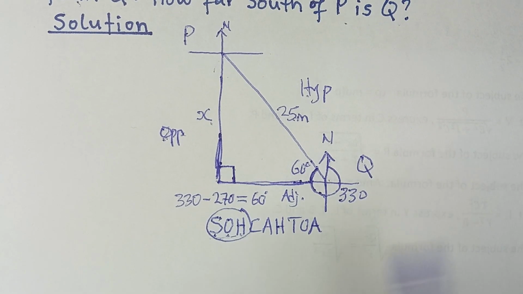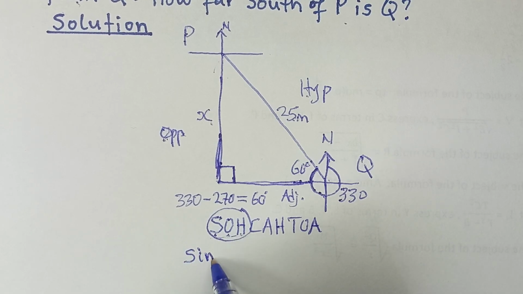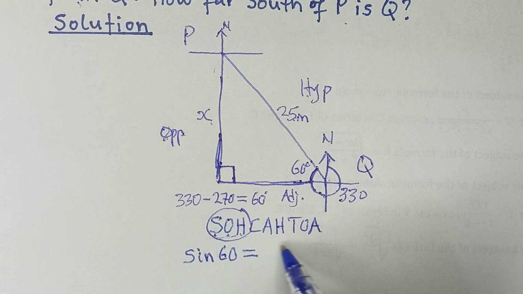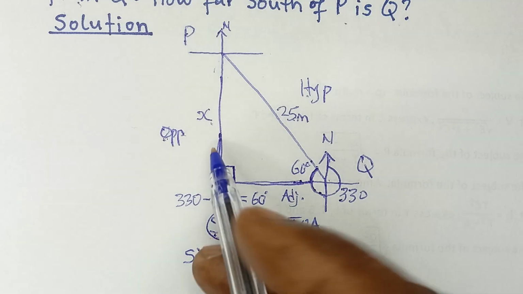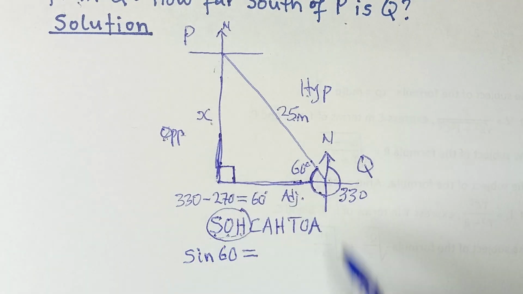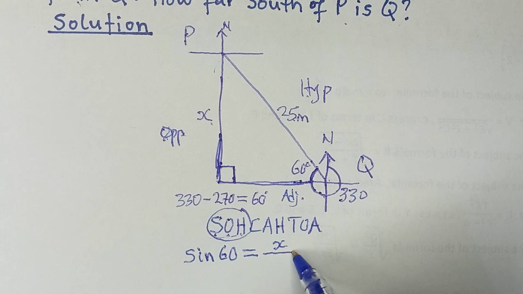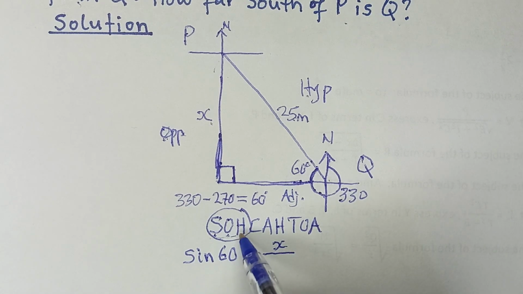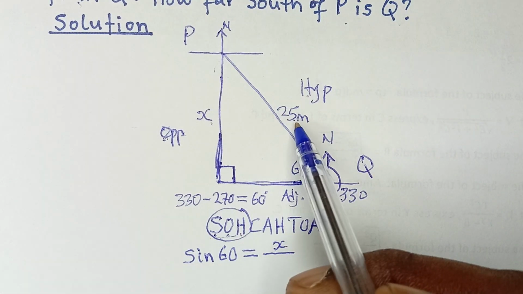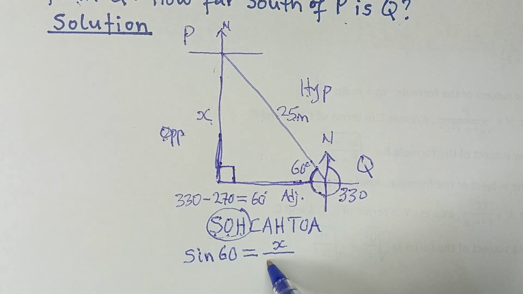So using that part, sine of the angle, and the angle is 60 degrees, sine 60, is equal to the opposite side over the hypotenuse side. The opposite side from our question here is x, that is what we are looking for, all over the hypotenuse side, which is 25 meters as given in the question.